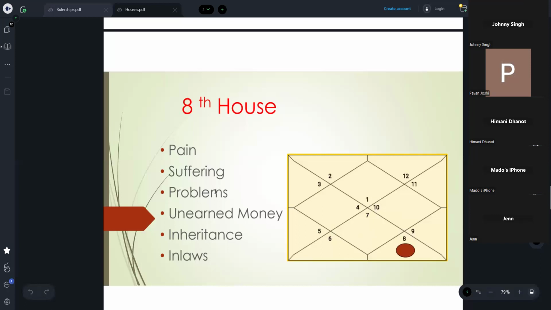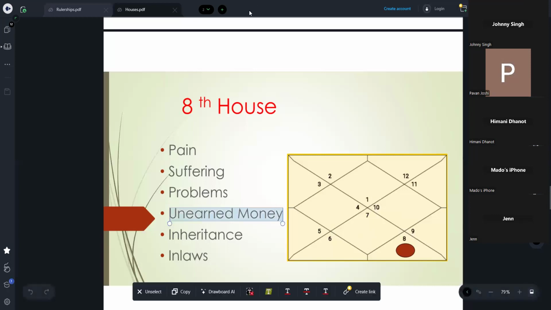Besides pain, suffering, and problems, it is also the unearned money, which is not really your money. So say your eighth house is operating, you can expect unearned money like inheritance, because inheritance is also a form of unearned money that is not really yours. Can anyone tell me? I know it's a little advanced. If someone knows, then they know.